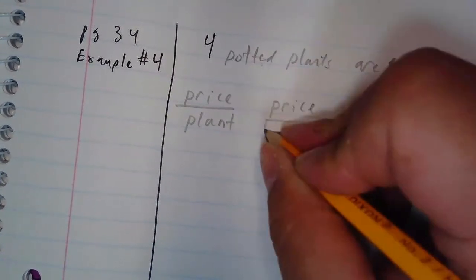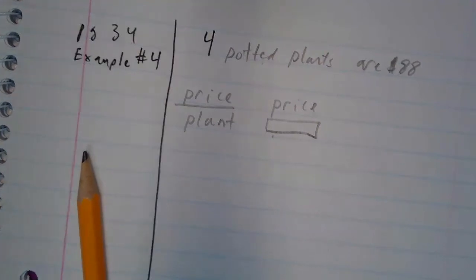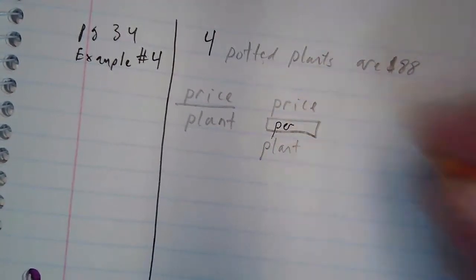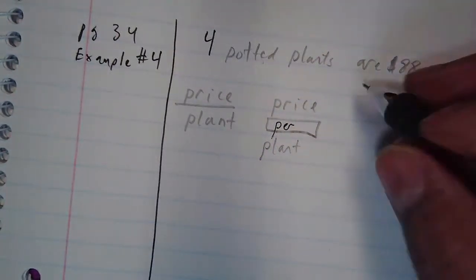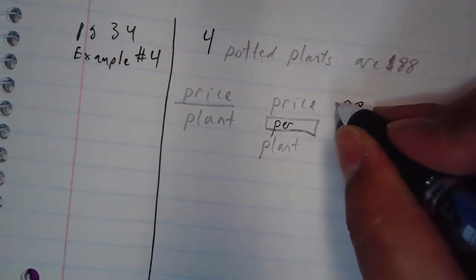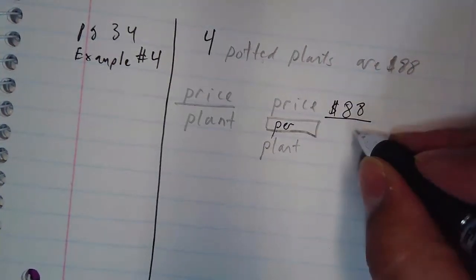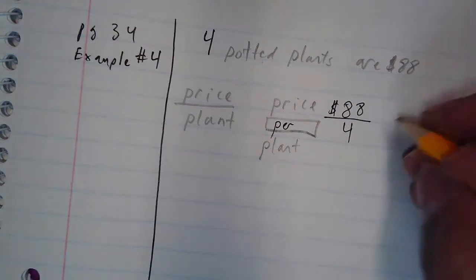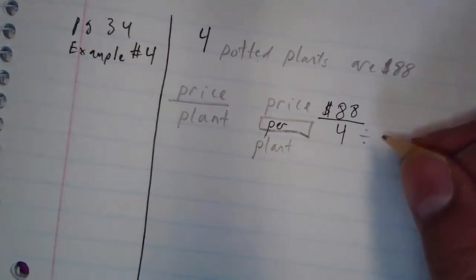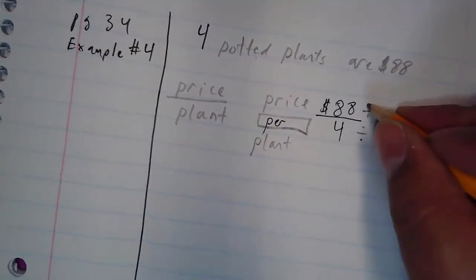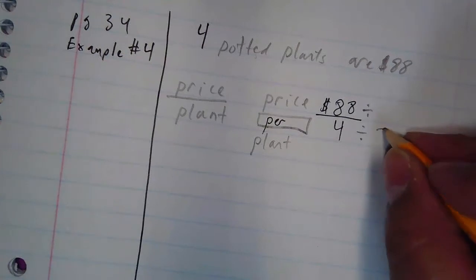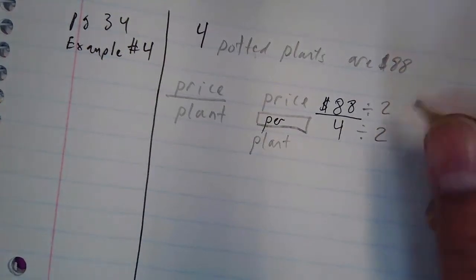Price per plant. The price is $88. Again, put the money on top. Per plant, we have 4 of them. Find the GCF. Okay, you know what? If you don't know what the GCF is, but you know you can divide by 2, then just do that. But it should be the GCF to make it easier.